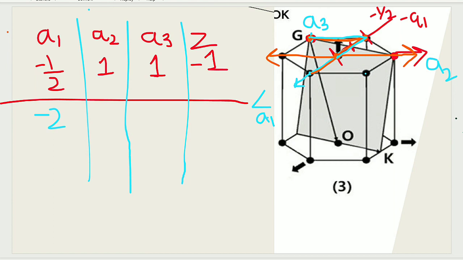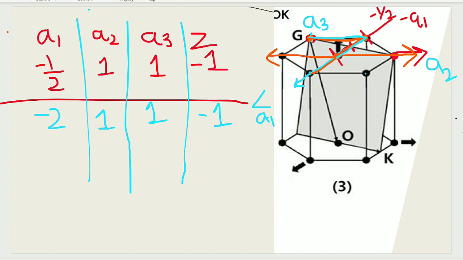Taking the inverse of 1 is again 1. Taking the inverse of 1 is again 1. Taking the inverse of -1 is -1 again. Here we took the inverse since there is no fraction involved. So these are the final indices.